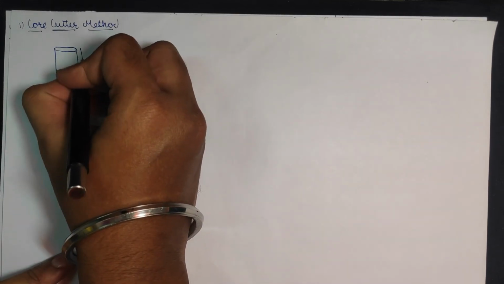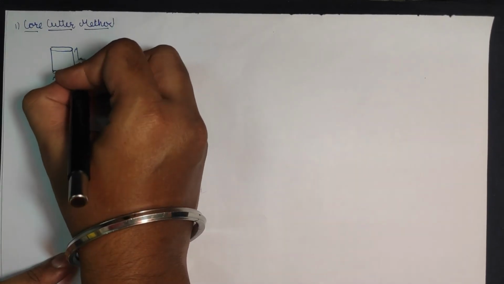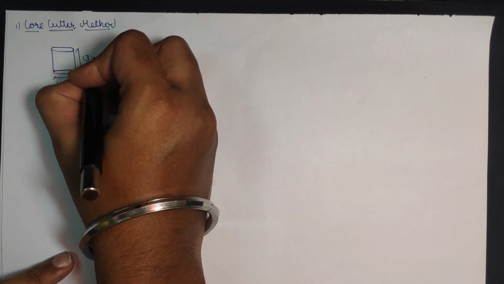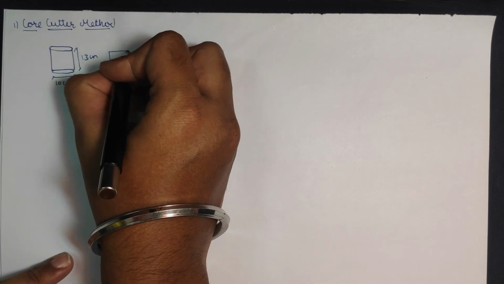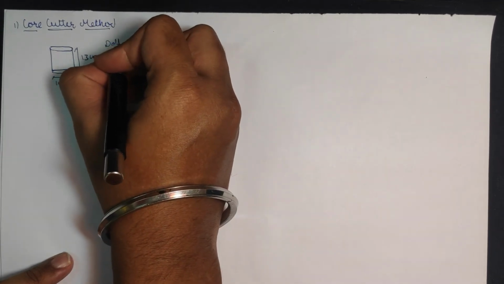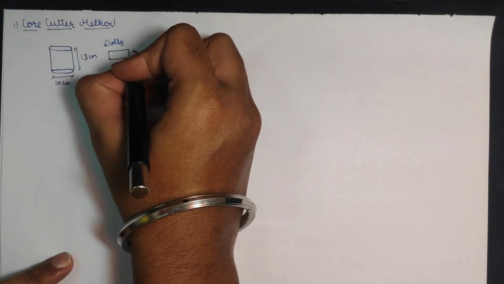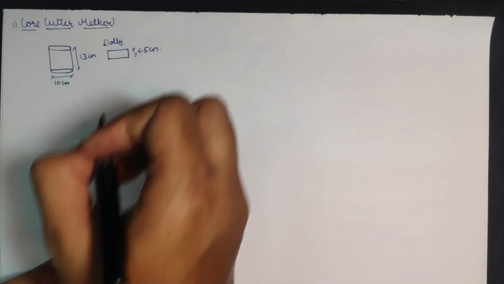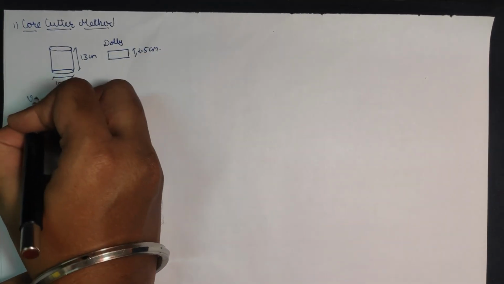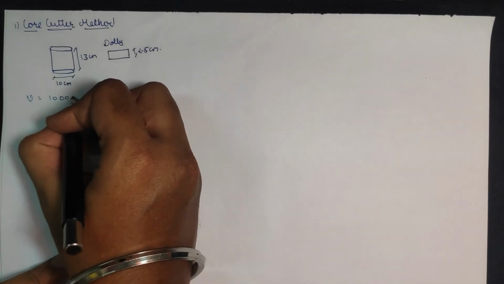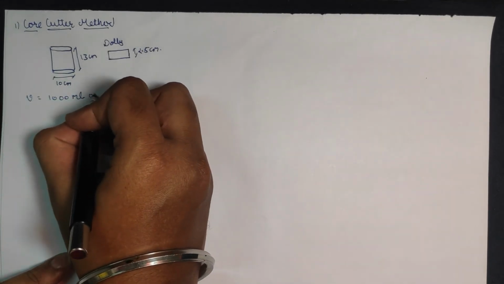Centimeter will be the diameter, 13 centimeter height, this will be the dolly of height 2.5 centimeter. The volume of the core cutter is 1000 ml always.